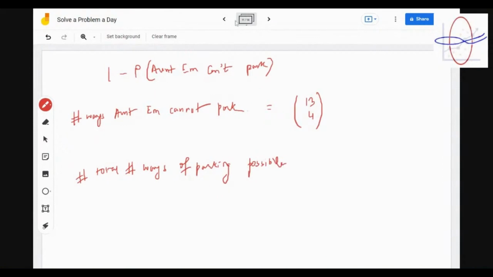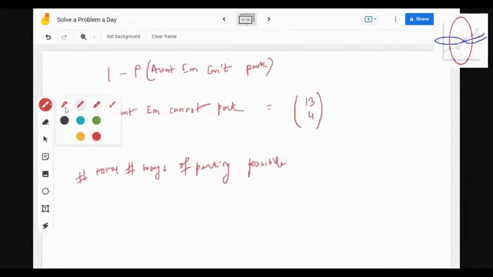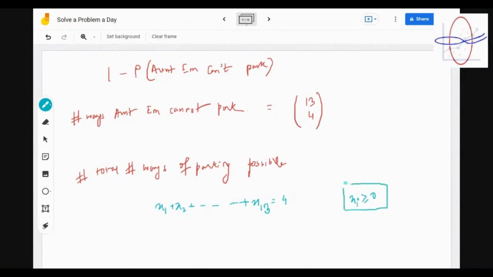It's the same as asking the number of solutions of x1 plus x2 plus dot dot dot plus x13 equal to 4, with xi greater than or equal to 0. There is a really interesting result here. What is this result? How many ways are possible actually? It's super interesting.